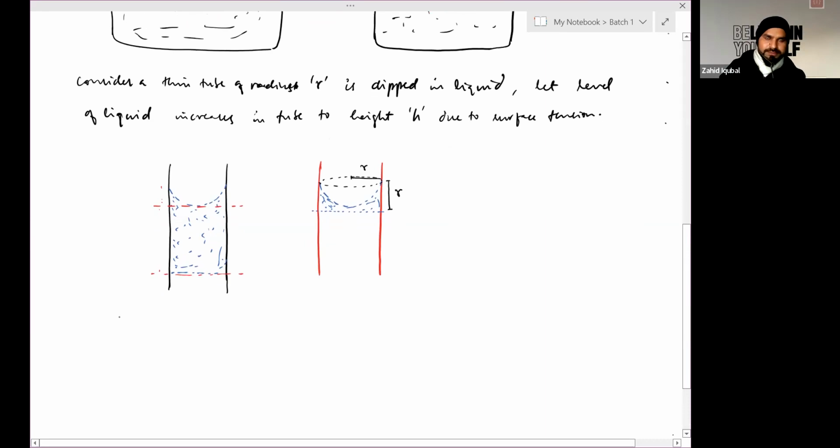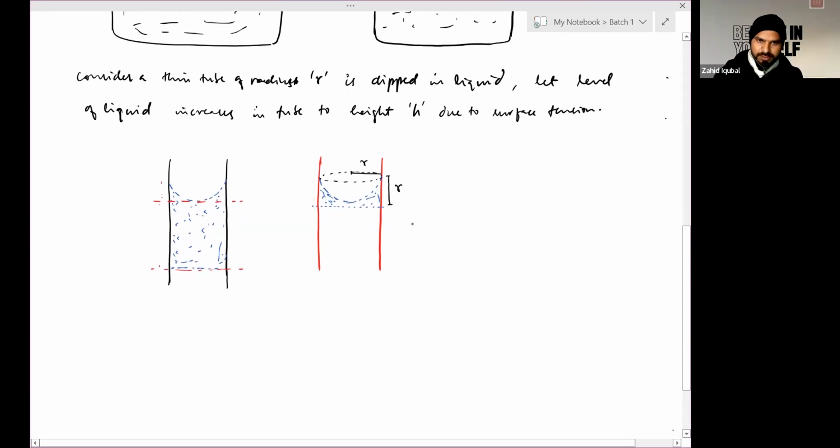So in total, its volume will be pi r square times h minus 2 by 3 pi r cube, that is the volume of the hemisphere at this point. On solving, pi r cube gets common. So 1 minus 2 by 3 will be just 1 by 3. So it will be pi r cube by 3.